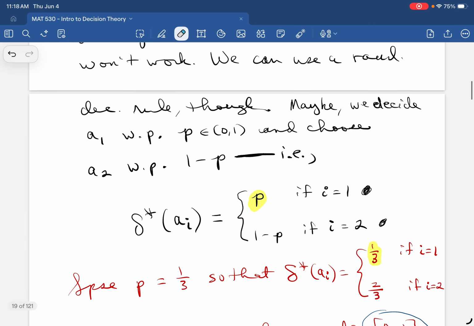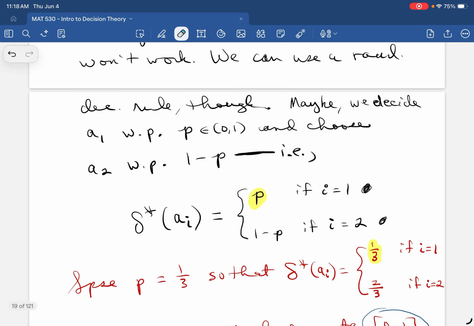We also talked about a strategy for choosing our actions. So really the only option here to do this in a randomized way is for some little p, some probability, you choose A1, and with probability 1 minus little p, you choose A2.